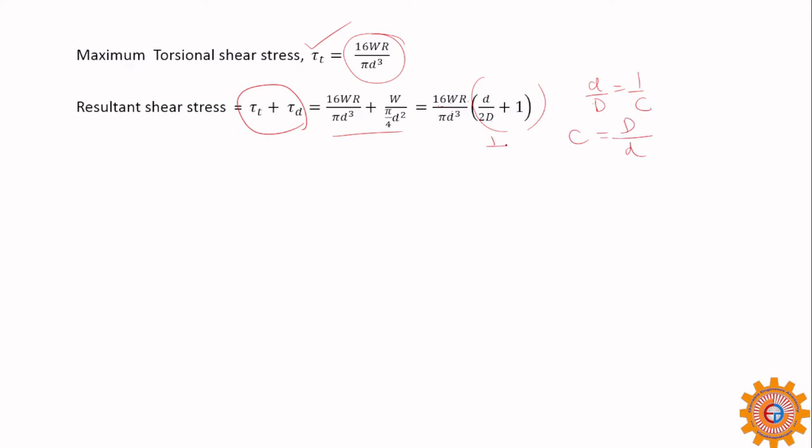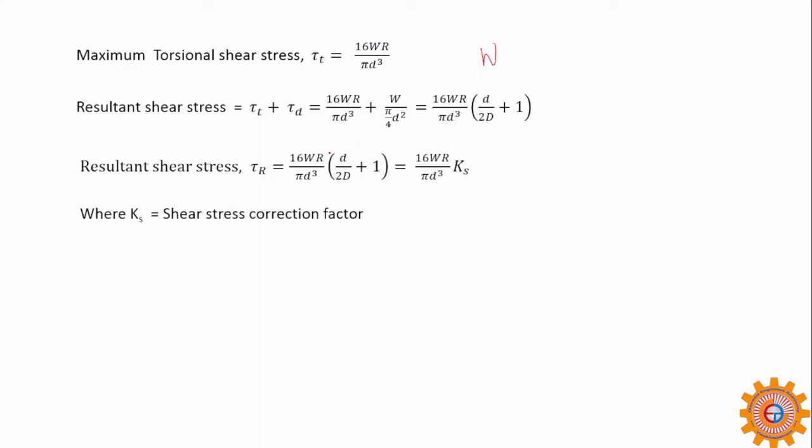So you can also write 2C plus 1. That is the resultant shear stress induced in the spring when it is subjected to an axial load W.